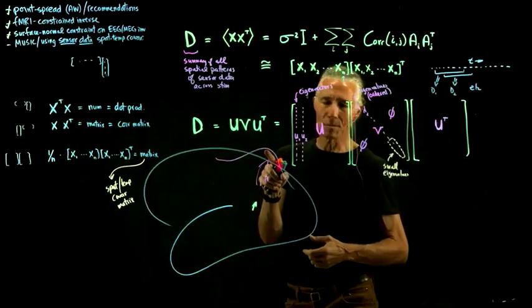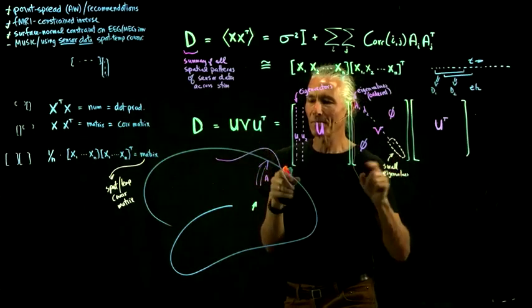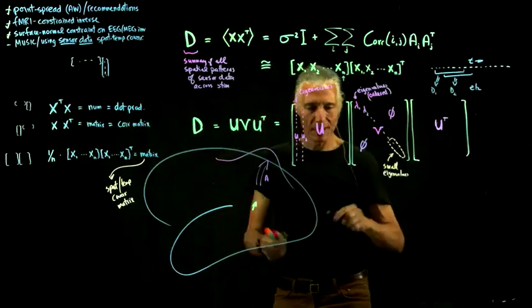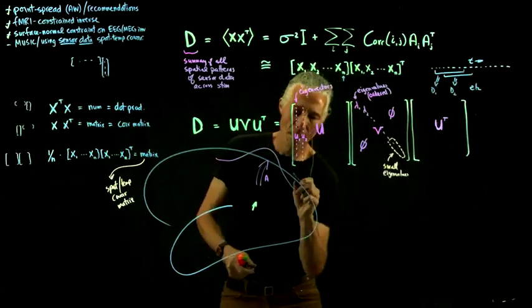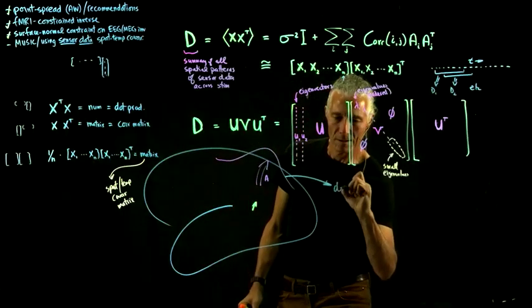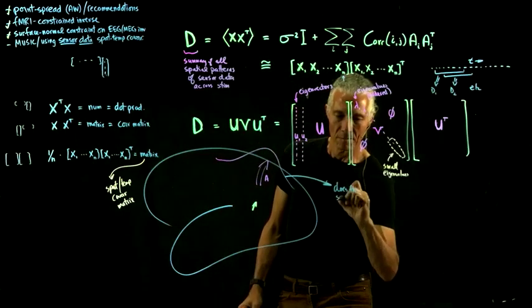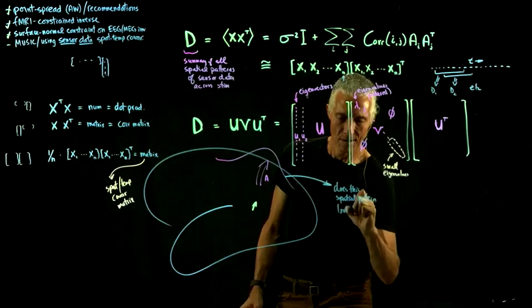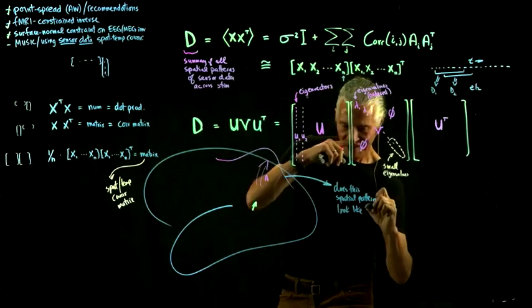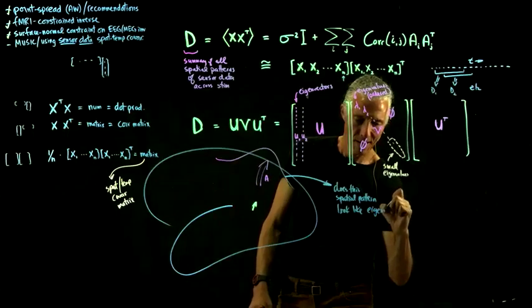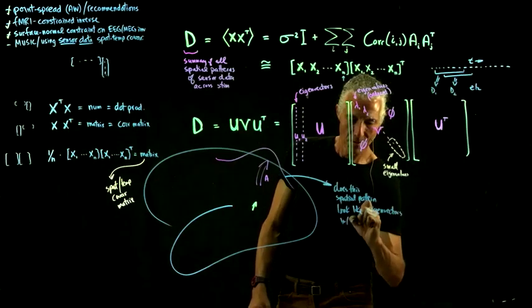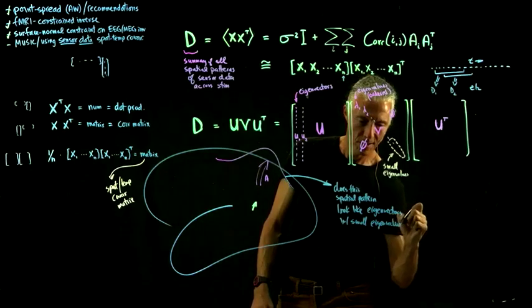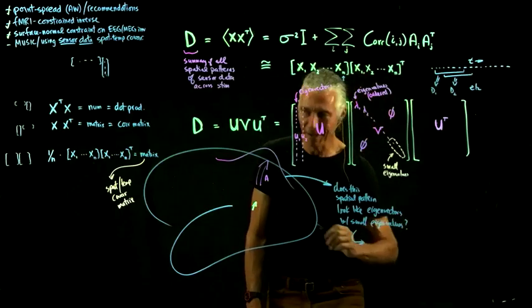And then we can ask, does that spatial pattern look like eigenvectors with small eigenvalues? And if yes, get rid of it, okay?